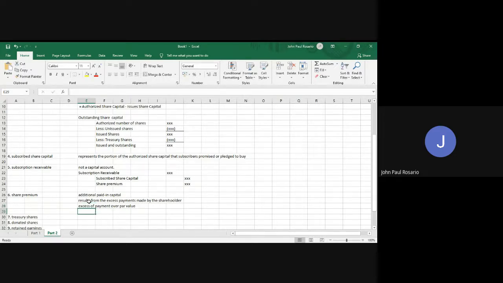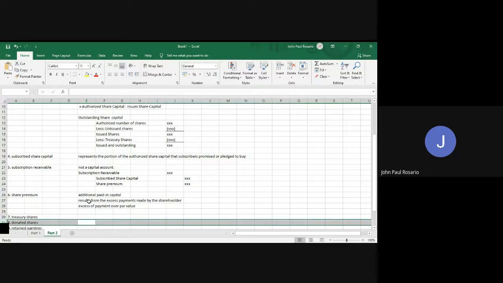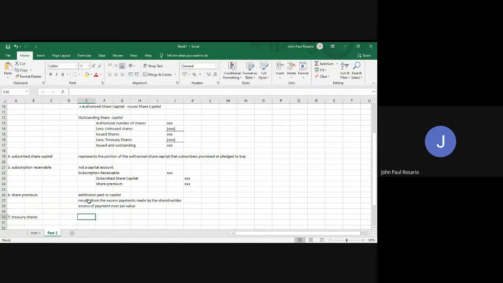Okay, for treasury shares, these are shares issued. So meaning they have been paid, they have been sold. Shares issued to shareholders which are later reacquired. What do you mean by reacquired? Bought back by the corporation.